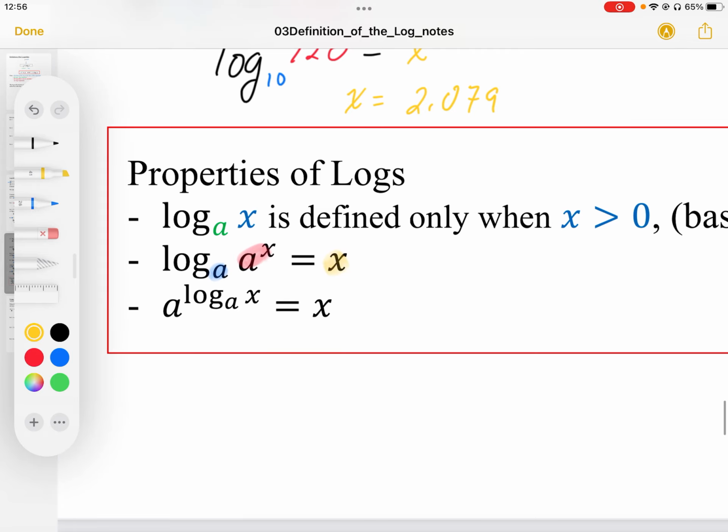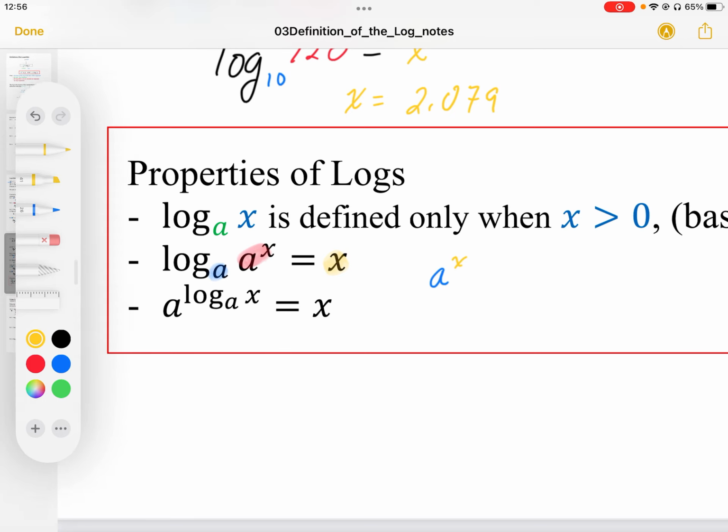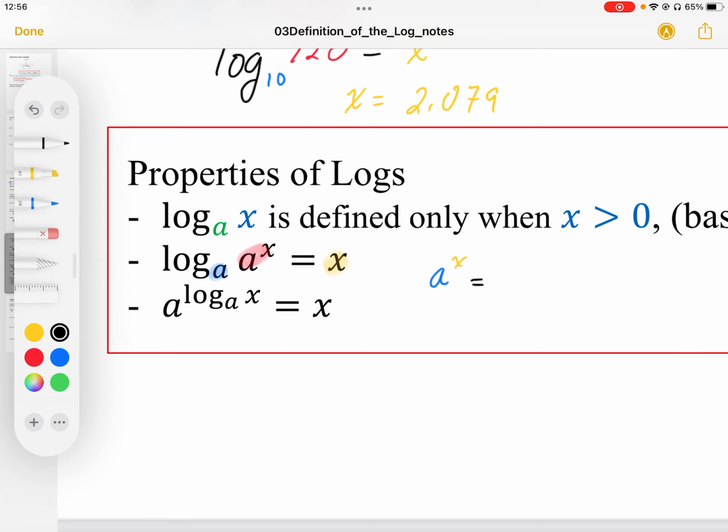I can rearrange this using the definition of log, and that's going to be equal to the argument, a to the power x. Really, it's just an identity, giving us an equality, so this is true. Whenever we see this expression, we should always simplify it to x.